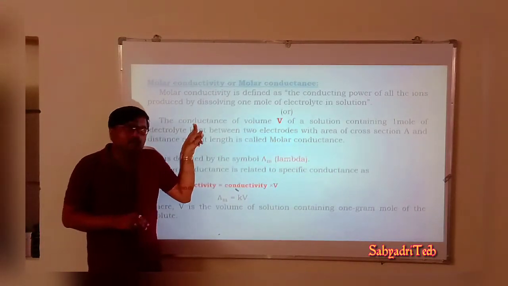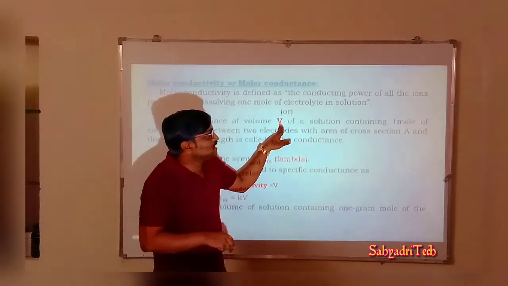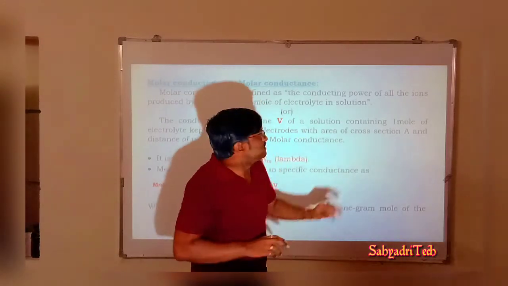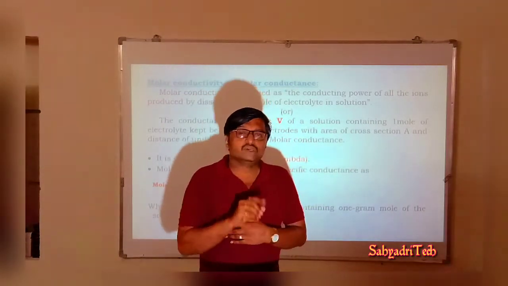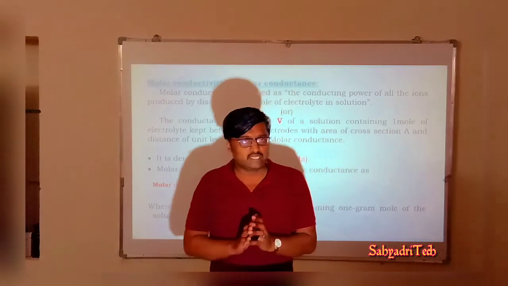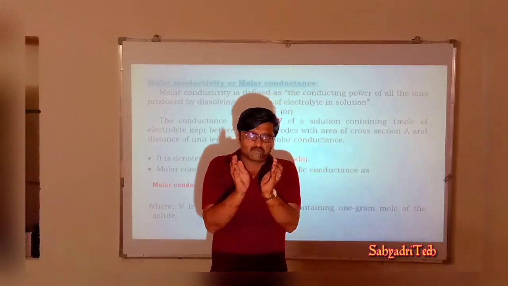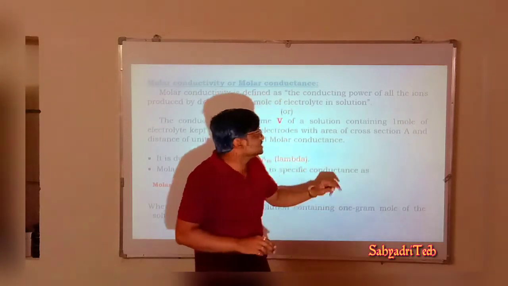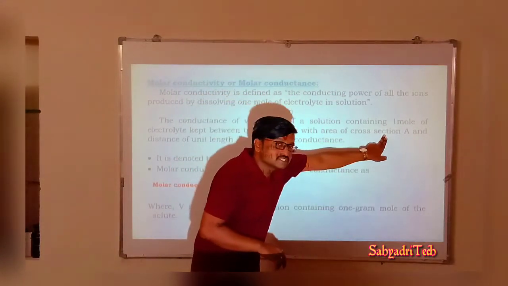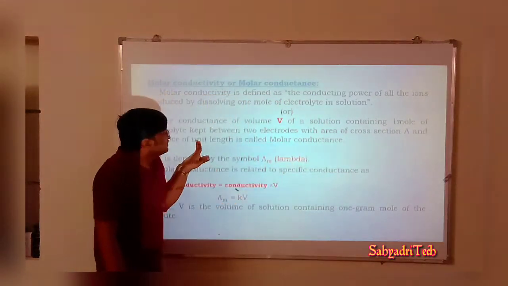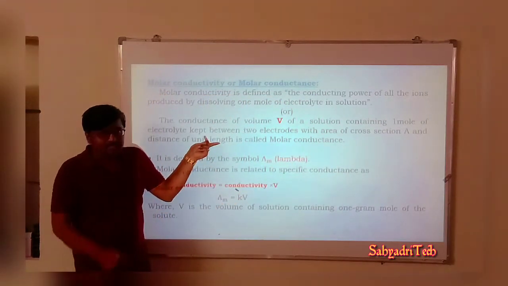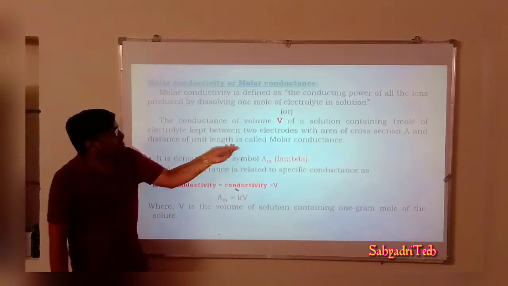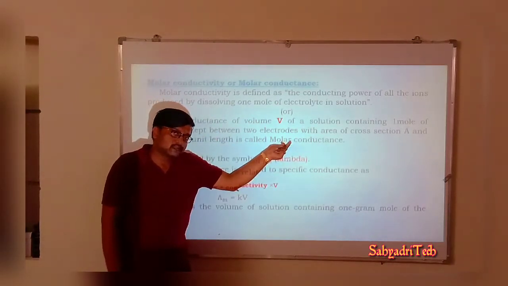We have V mL of solution. How many moles of electrolyte are present in it? 1 mole of electrolyte is present in V mL of solution. That V mL of solution has area of cross section A and unit length, and the conductance of that solution is considered the molar conductance.